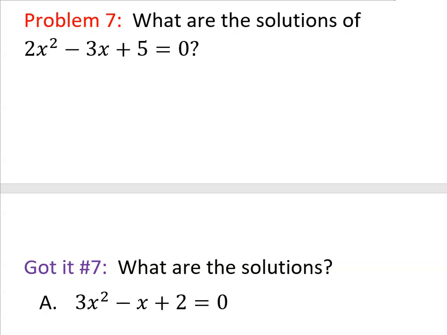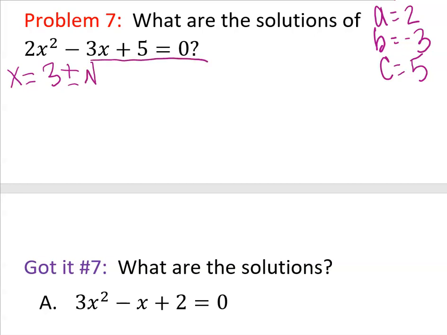So A is 2. B is negative 3, C is 5. All right, so what is a negative 3? 3. Plus or minus.